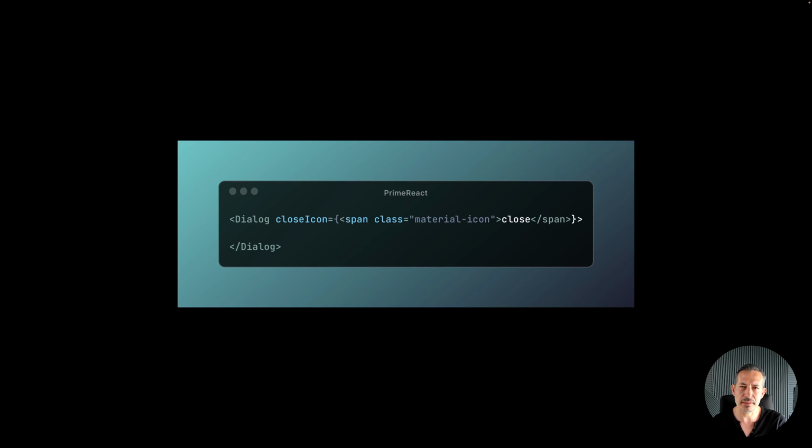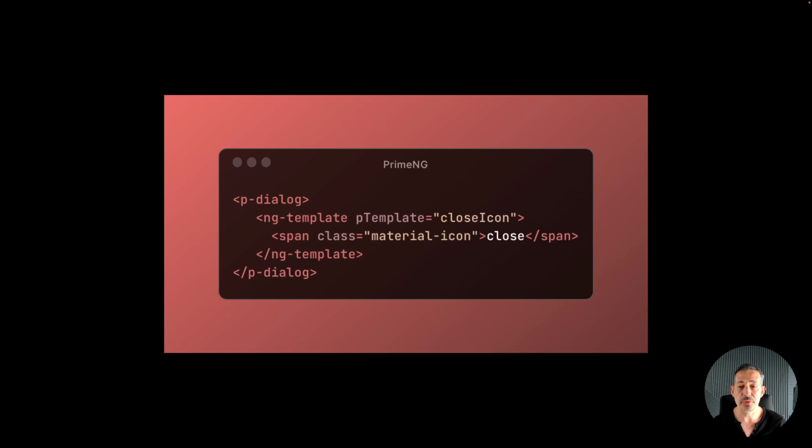The close icon can be a string referring to a font icon like pi-check, which means everything will be backward compatible, which is a nice thing. And of course, it supports JSX so you can use templating here as well. Finally, in the PrimeNG version, similar to Vue, there's a templating section with ng-template, and pTemplate refers to the name, and then you can provide your own.